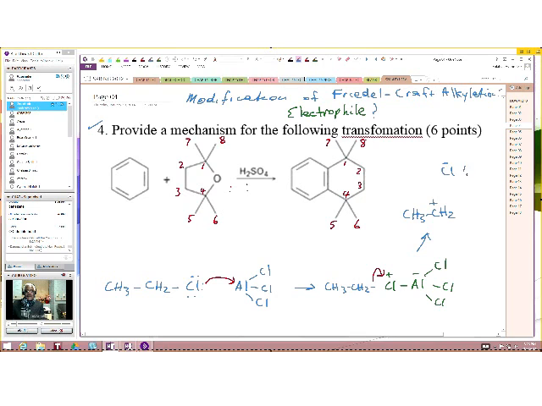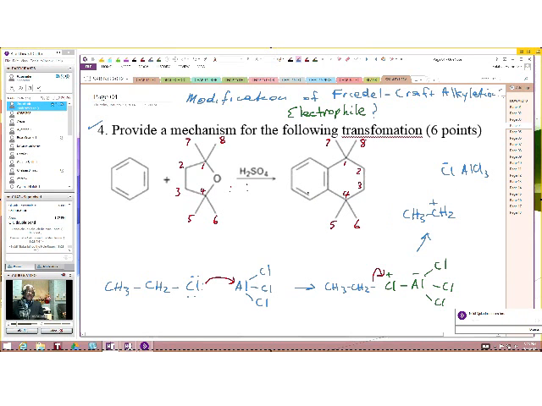And now you get your carbocation. So therefore, in all of the Friedel-Crafts alkylation you do, your electrophile is a carbocation.